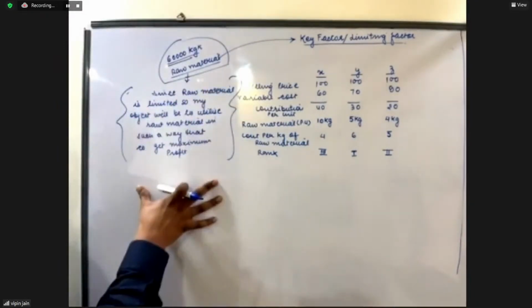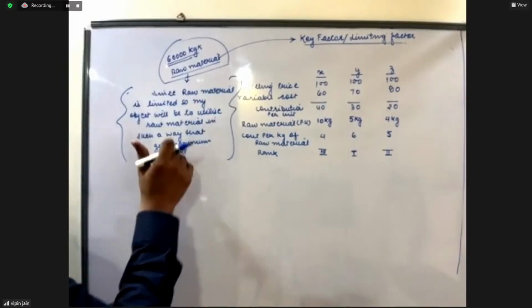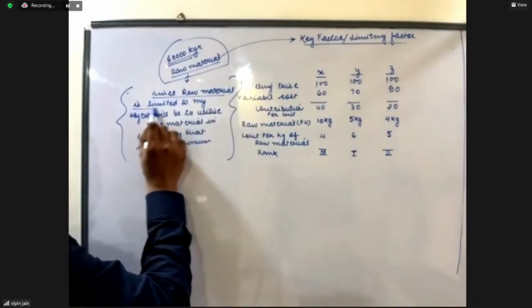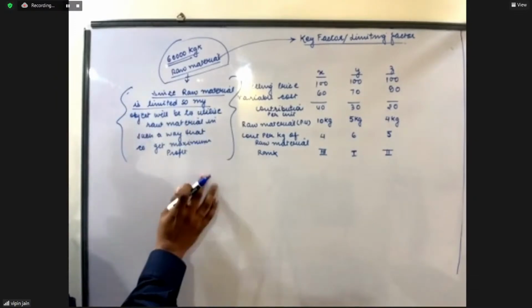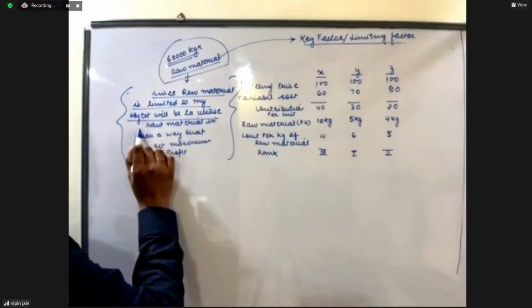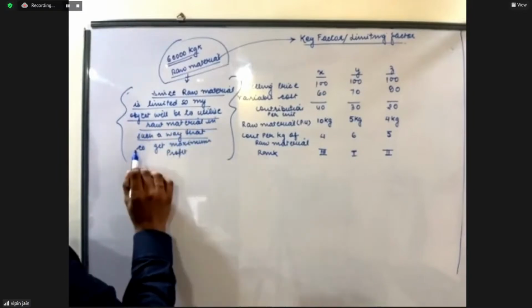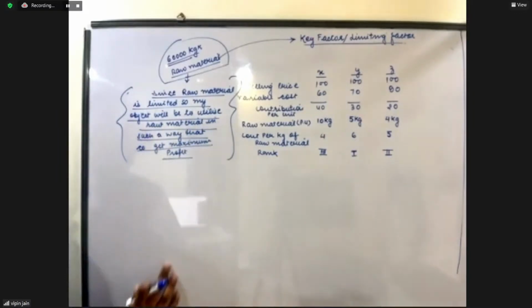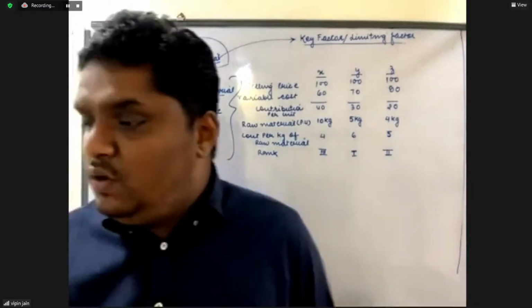I request you guys to please copy this part. That is, since raw material is limited, my object will be to utilize the raw material in such a way so that my company gets maximum profit. I request you guys to please copy this part.